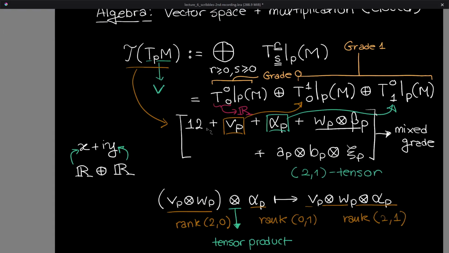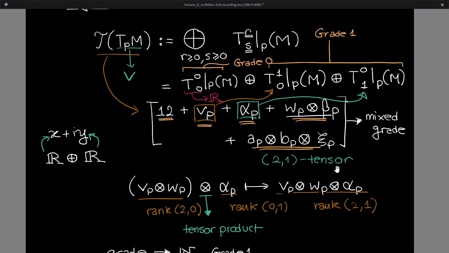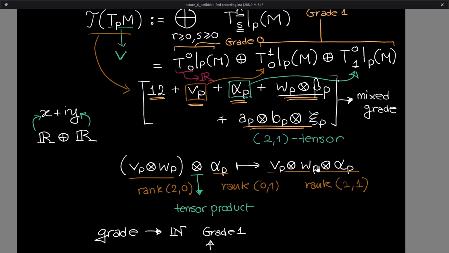So you have grade 0, grade 1, grade 1, grade 2, grade 3. Some of the grades are not fully filled, so some of them are 0.